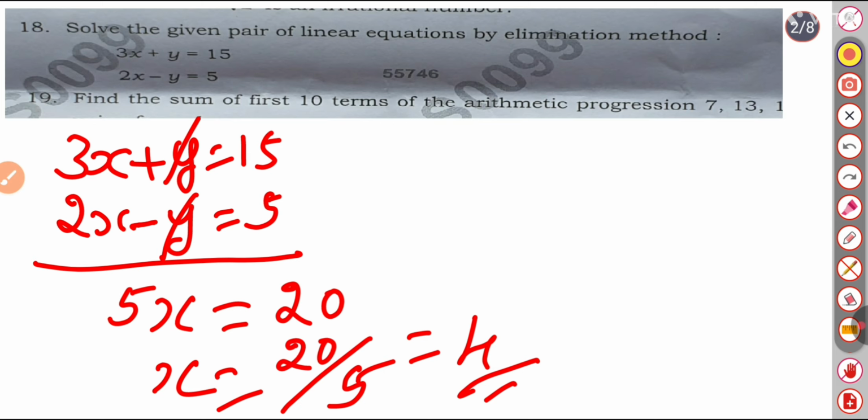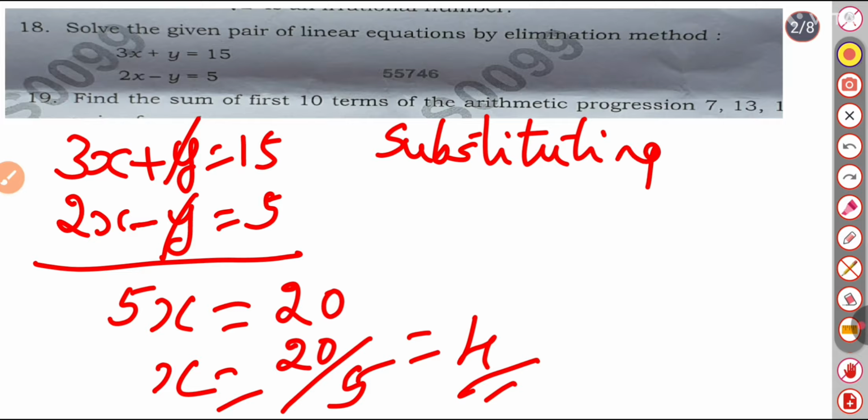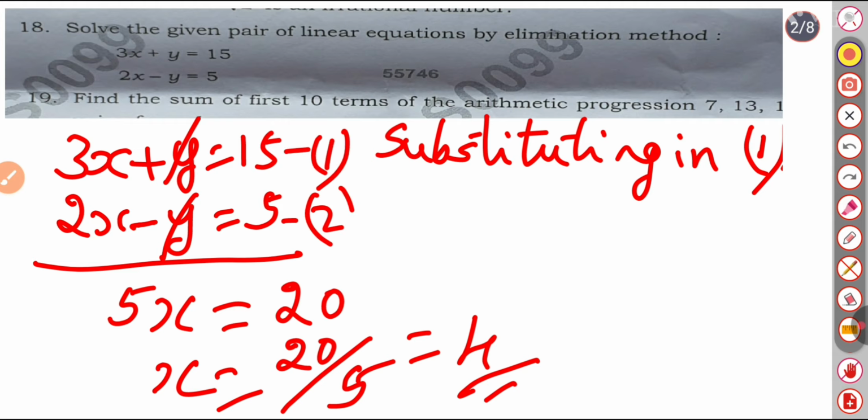Now we have to find out the value of y, substituting in any one equation. So I will take equation 1 only. This is equation 1. This is equation 2.